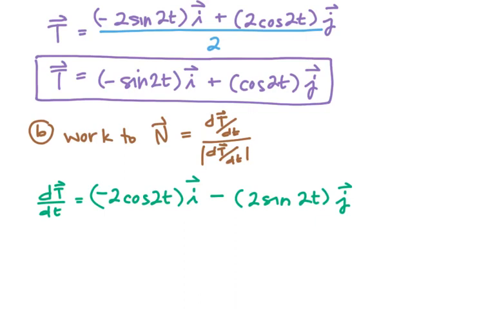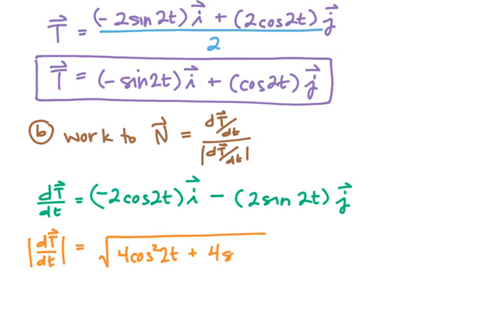We just need the magnitude now. The magnitude of dT/dt is the square root of 4 cosine squared 2t plus 4 sine squared 2t, and this is exactly what we had for the magnitude of v, which simplifies to 2.